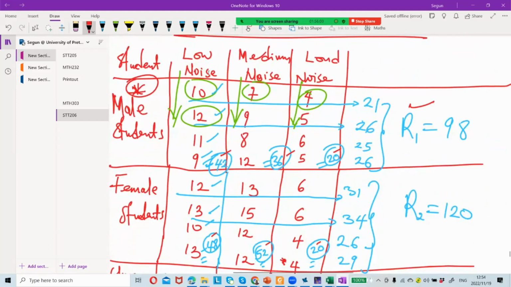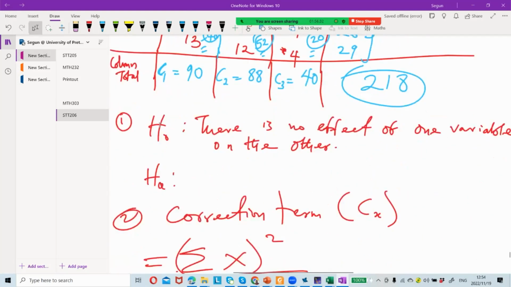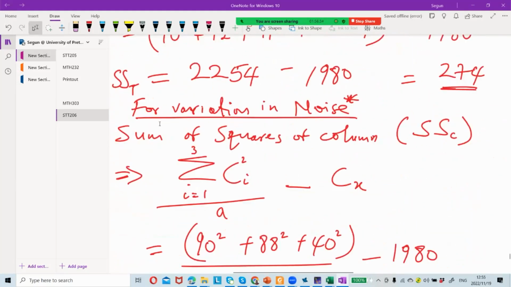How many columns do you have? 1, 2, 3. Then how many rows? 1, 2. Are you getting it? That's why they did not specify. They are talking about total now. Remember, the question we are talking about is between gender and the noise. Yes, there are 2 genders in 2 rows. So it's between the gender and the noise.